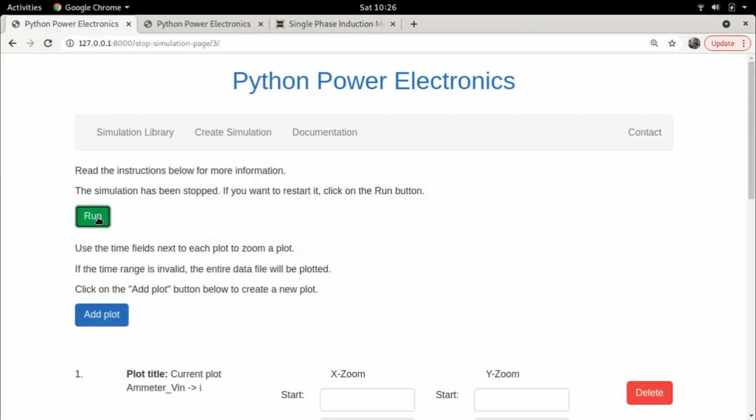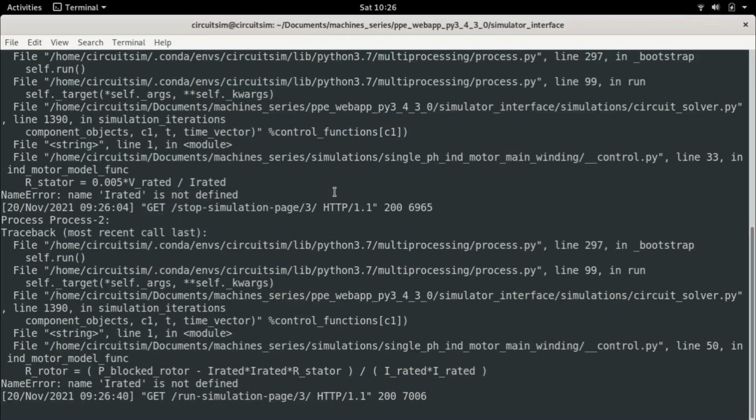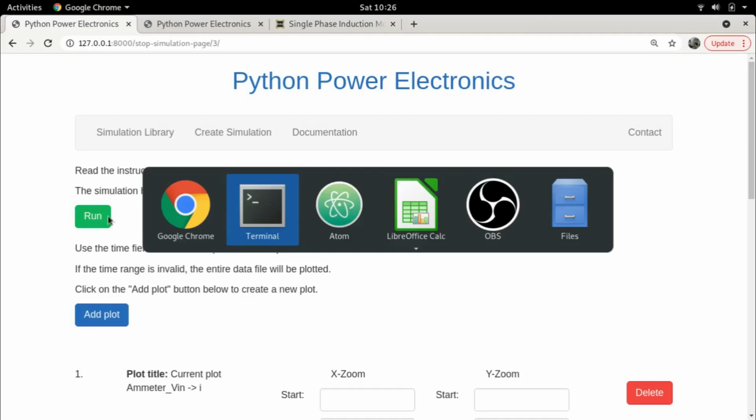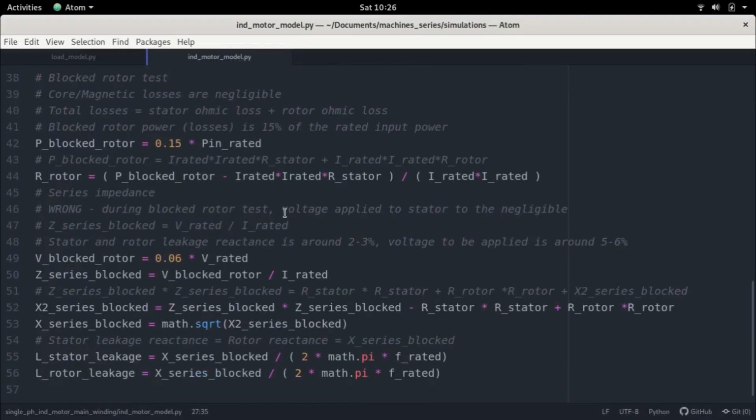Let's run it again. Let's see if there's any other mistake. It is still not running, because there is another one. Quite surprisingly, I'm making the same mistake over and over again. Usually the IDE should pick it up. I'm surprised it didn't.